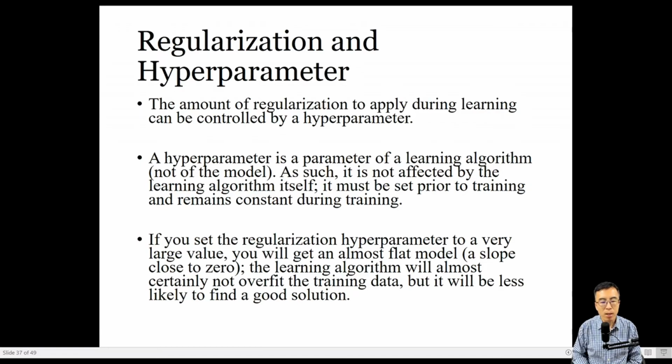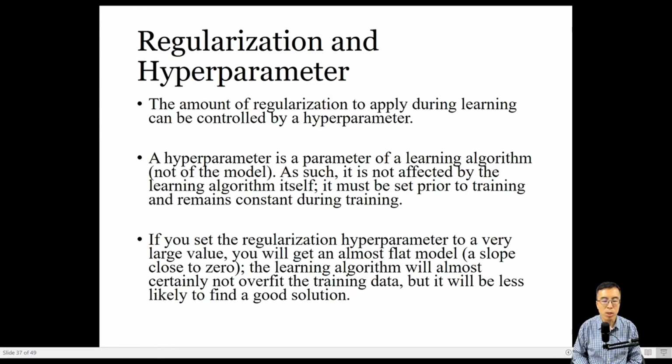So if you set the regularization hyperparameter to a very large value, then you will get an almost flat model because the regularization essentially reduces the magnitude of the trainable weights, so that the slope usually are attenuated when you perform regularization.